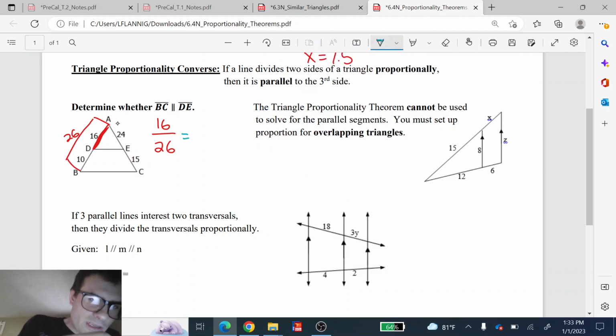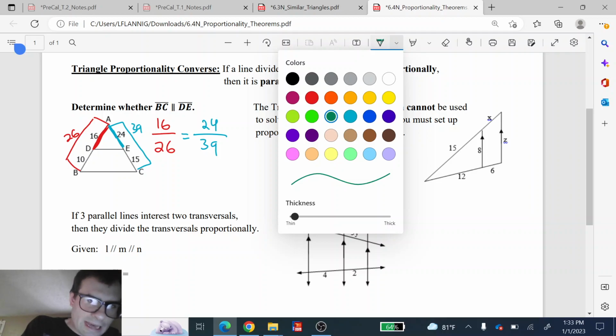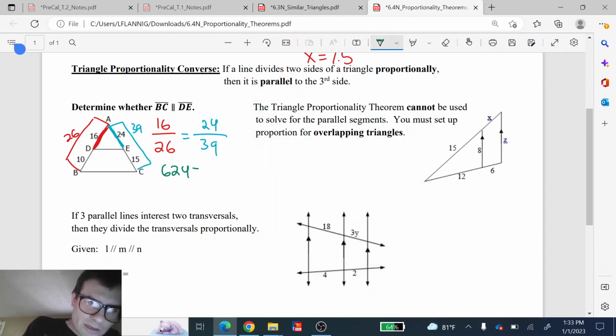That should be equal to this 24 over this whole side, 24 plus 15 being 39. When you do this, you can cross multiply to see that 624 does equal 624. Again, we're multiplying 16 and 39 and 26 and 24.